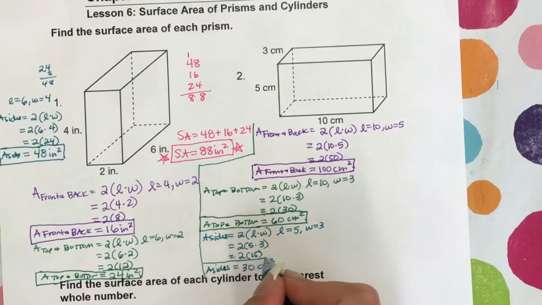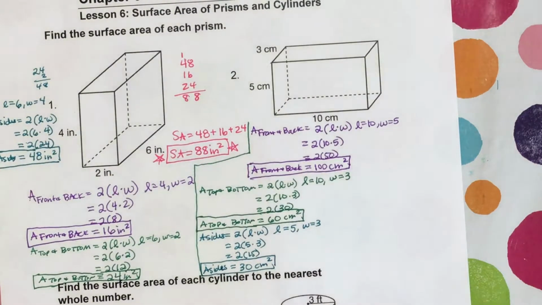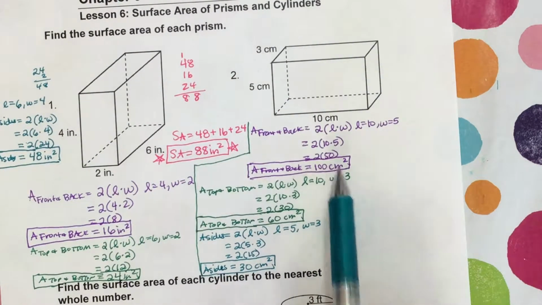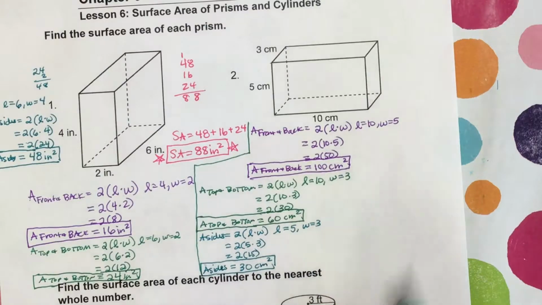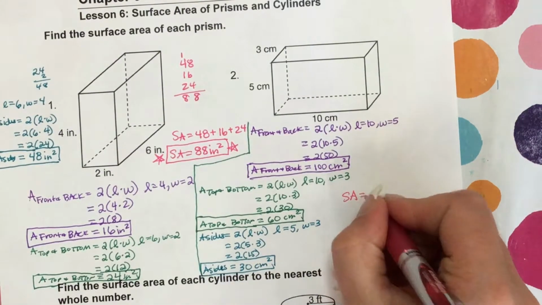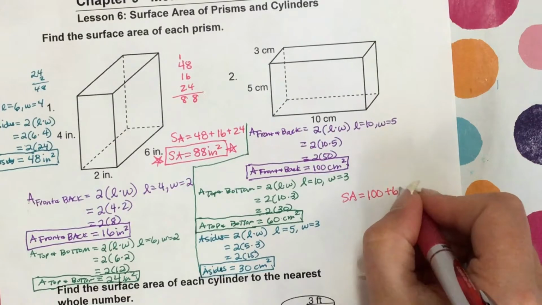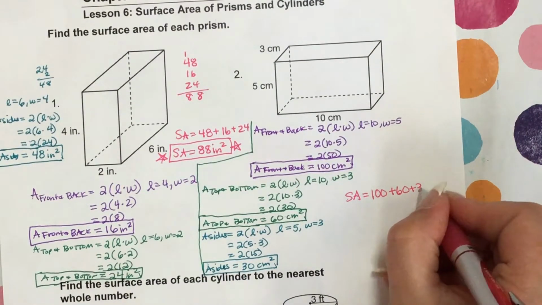All right. Perfect. So we have 2 faces here, 2 faces here, 2 faces here. That's all 6. So now it's time to do the surface area. The surface area is found by adding up all of these 6 faces. So we have 100 plus 60 plus 30.